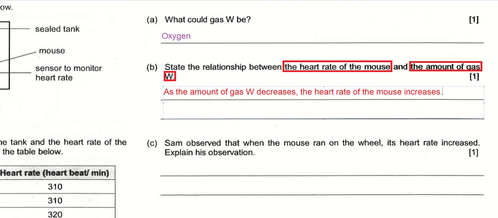I'm giving you an alternative answer: the lesser the amount of gas W, the greater the heart rate of the mouse.